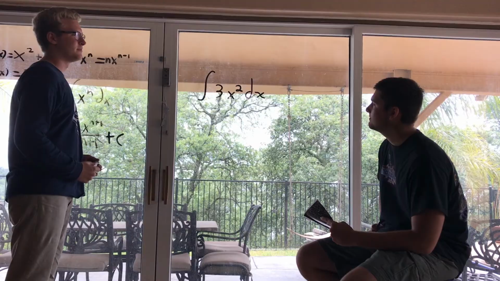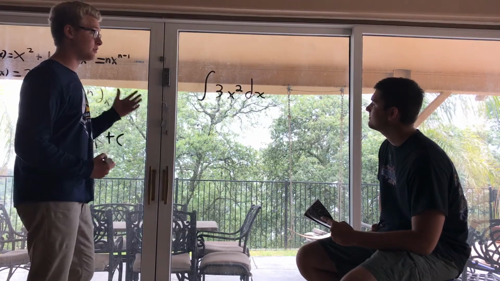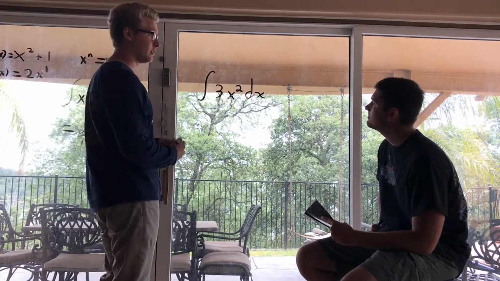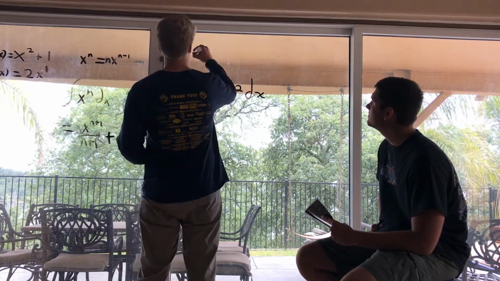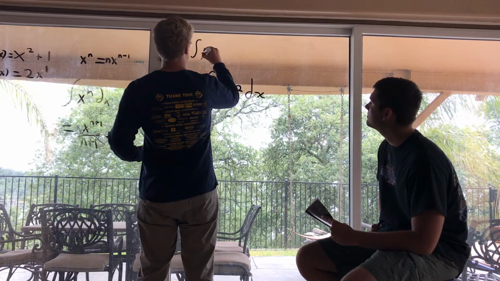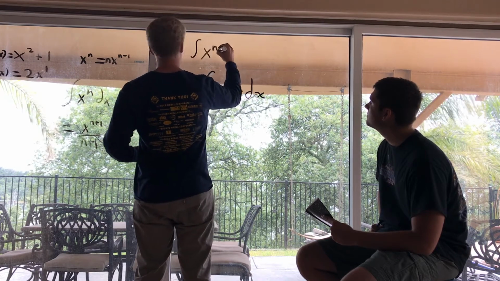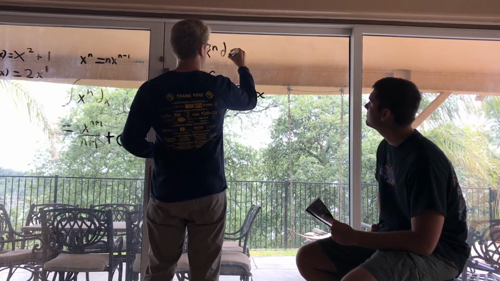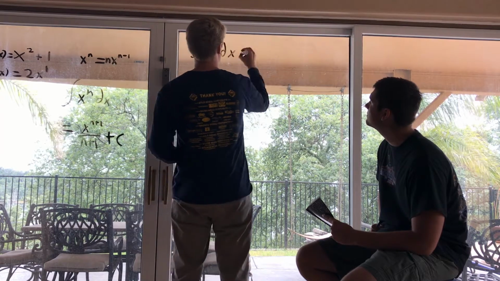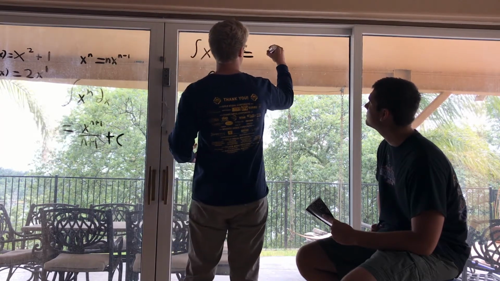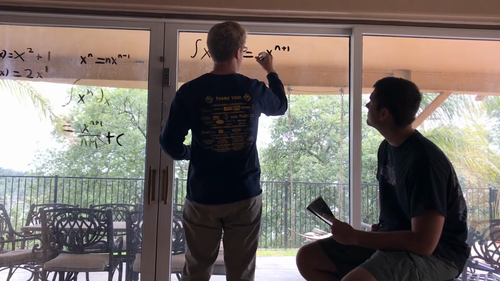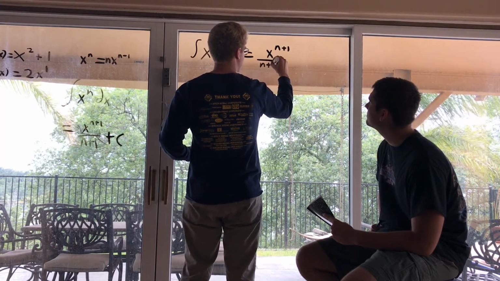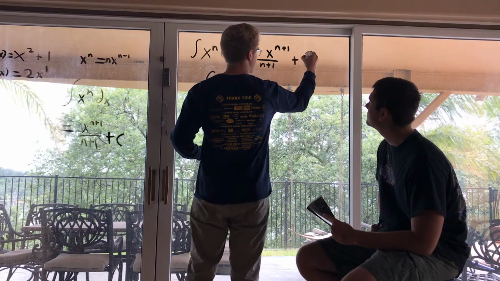Okay. So in order to attempt this integral, let's first write down our formula for our base integral. So we have the integral of x to the nth dx, and that's going to be equal to x to the n plus 1 over n plus 1, plus c.